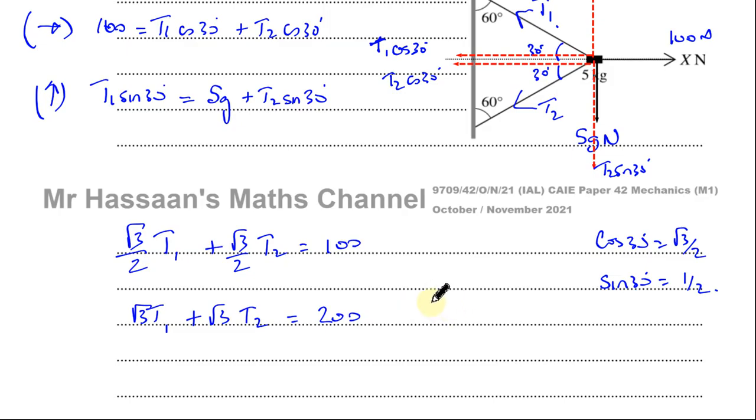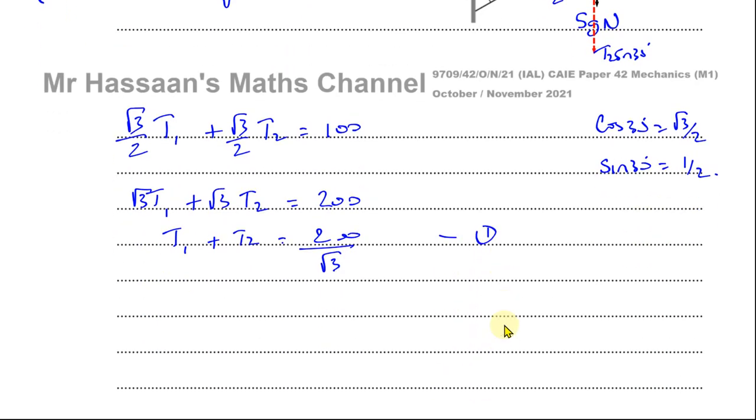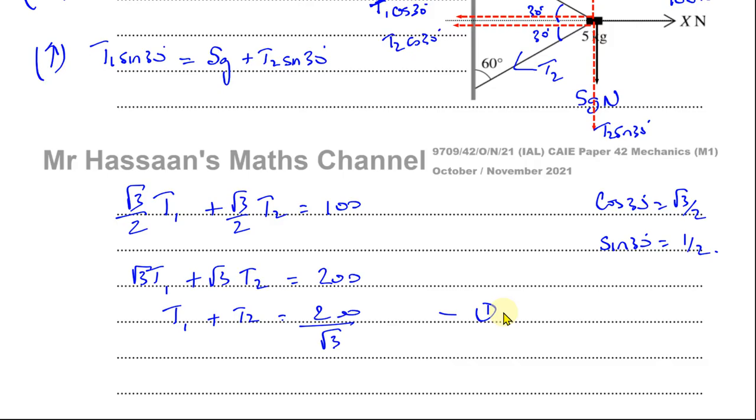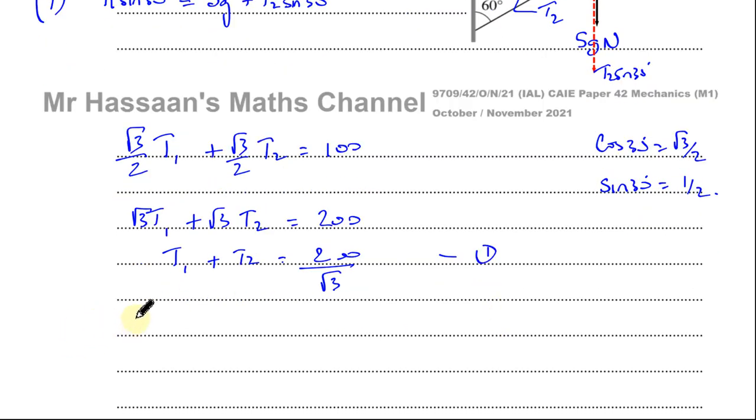Okay, so we can even say T1 plus T2 is equal to 200 divided by root 3. I can leave it like that for now.